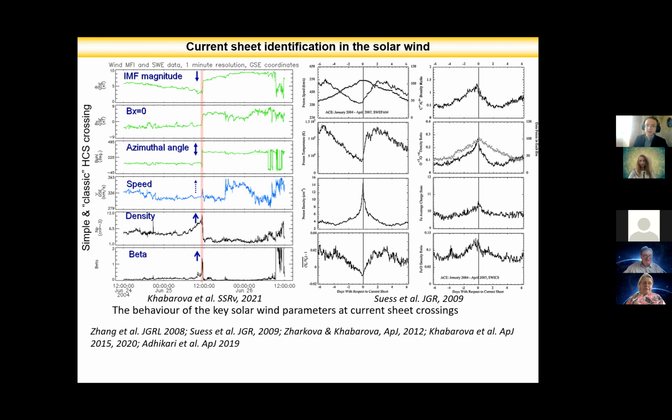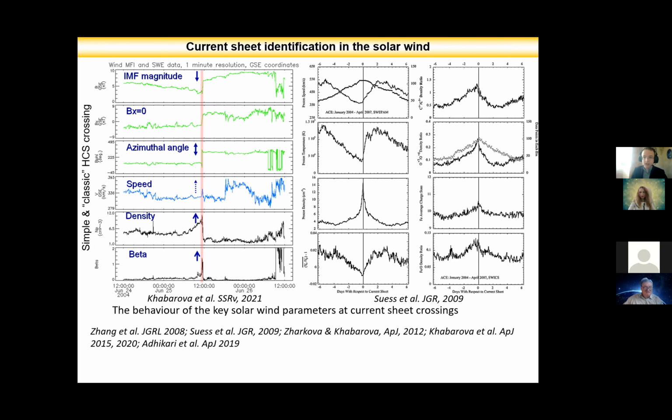That is something that you consistently see during current sheet crossings already identified by other methods. And the same thing goes for the increase in speed and the drop in the interplanetary magnetic field magnitude.